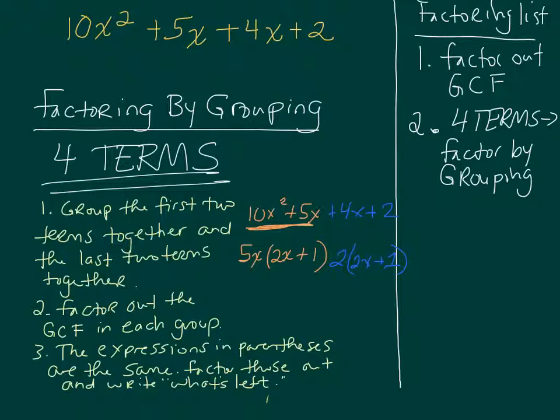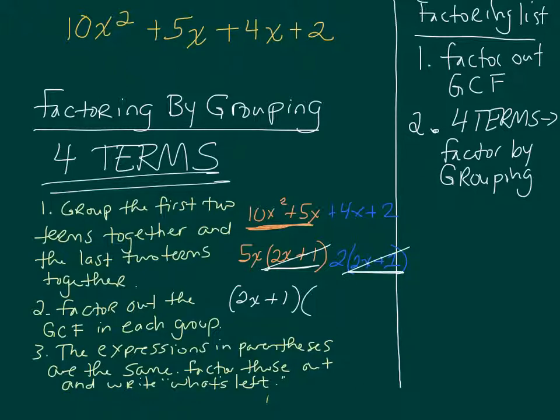So in parentheses, those things are the same, so we're going to factor those out, and then we're going to write what's left. So 2x plus 1 and 2x plus 1, now that's the common factor. We factor it out. After it's gone, we're going to write what's left.